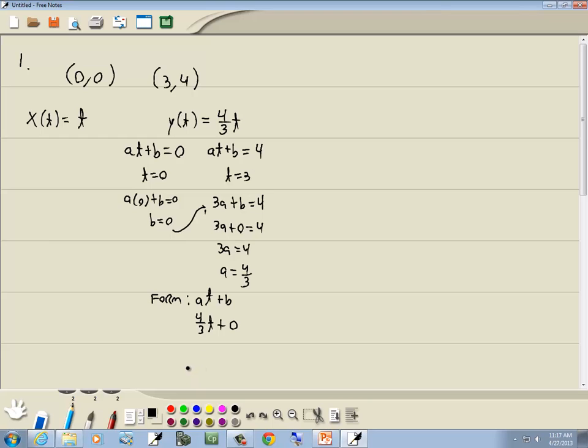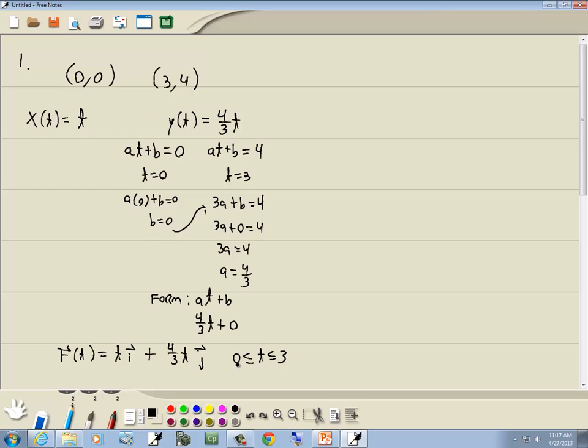Now the ultimate check on this is to see if it actually works. Because what we're saying here is r of t is equal to t i plus 4/3 t j, like that. That's our rationale between 0 and 3.